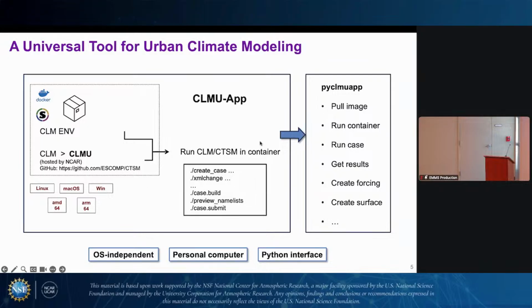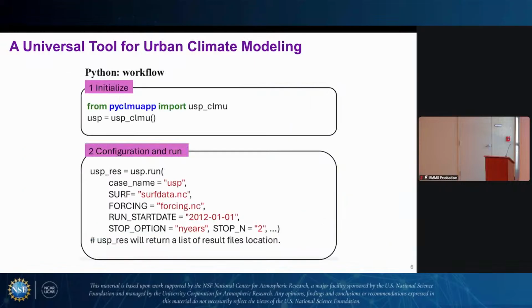And then the other part is the PyCRMU app. It's a Python interface that can interact with the CRMU application. It helps us make running such a simulation easier. And here is an example of the PyCRMU app, a Python workflow. For example, we only need two steps to easily run a simulation of CRMU.